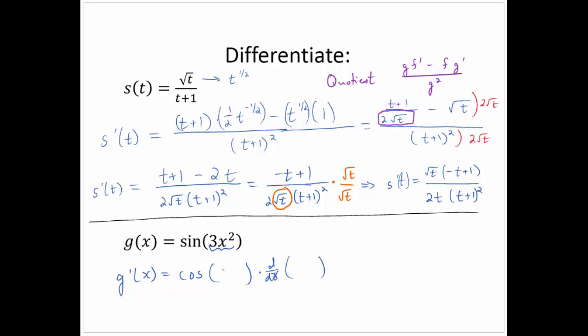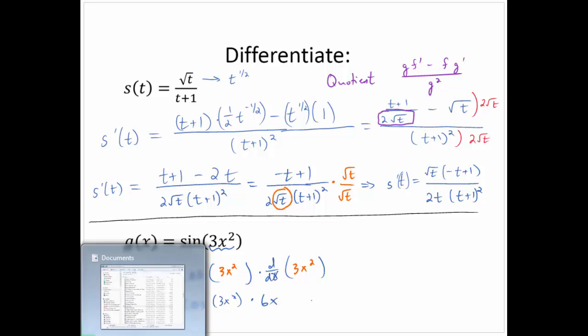Now the derivative with respect to x of 3x squared is 6x. So this is cosine of 3x squared times 6x.